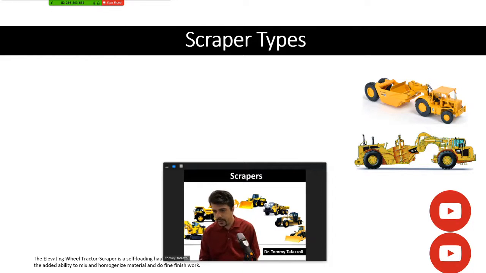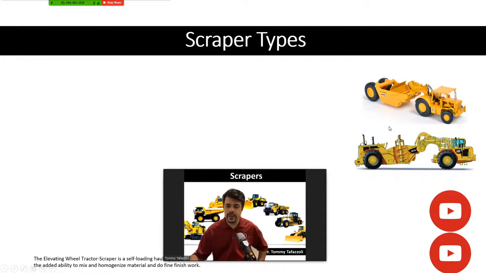Looking at these two pictures right here, what do you think is the most important difference between them? If you look more carefully, this scraper is only pulling earth.